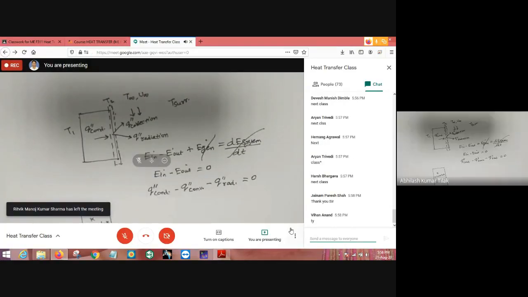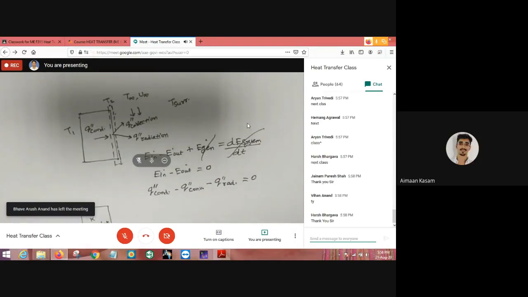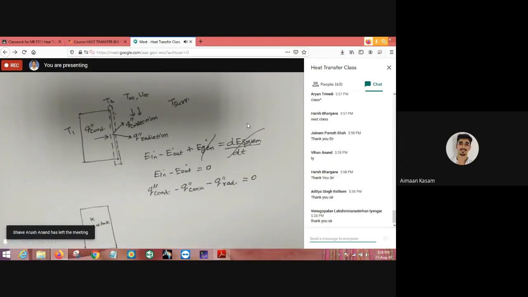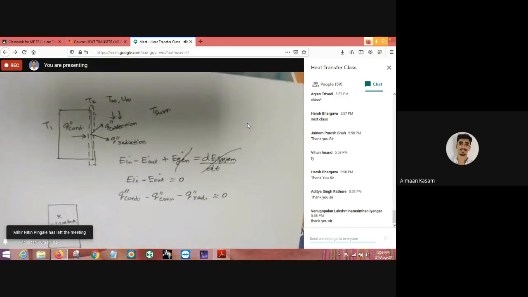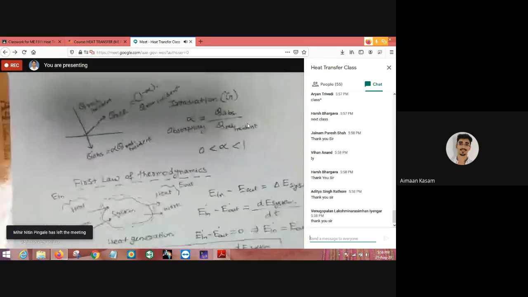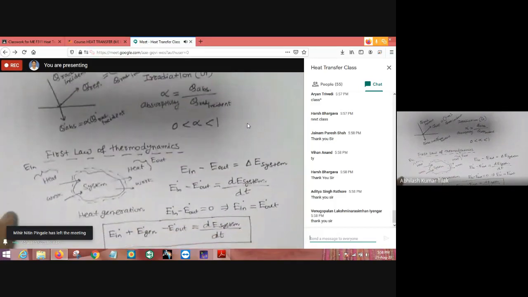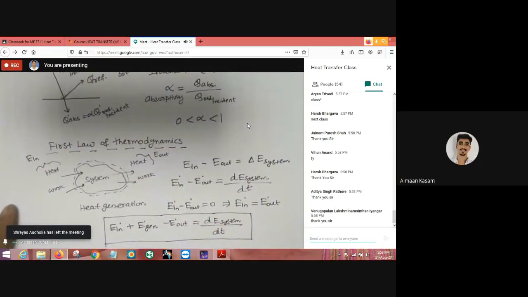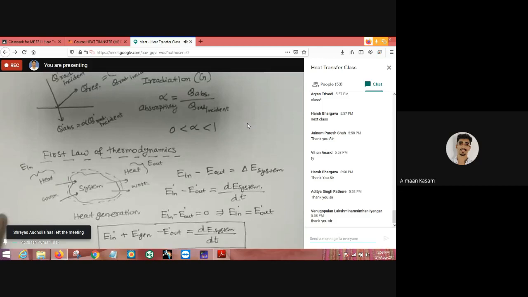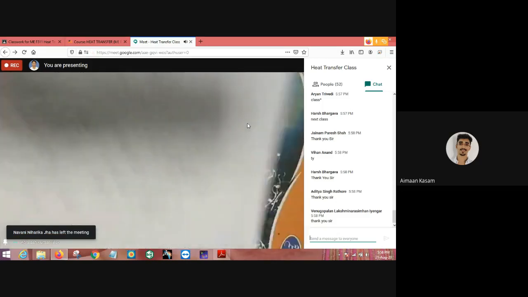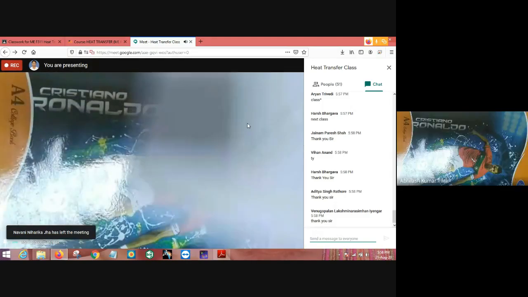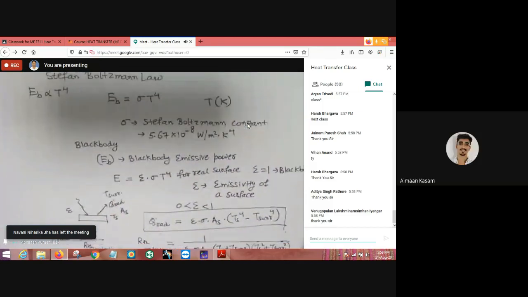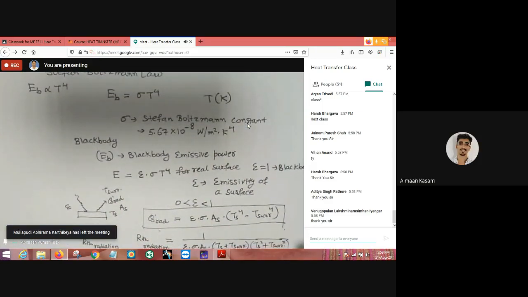If possible, can you please go back one page to the Q radiation formula which you had written? This one? No, above it. This one you are saying? Yes, sir.